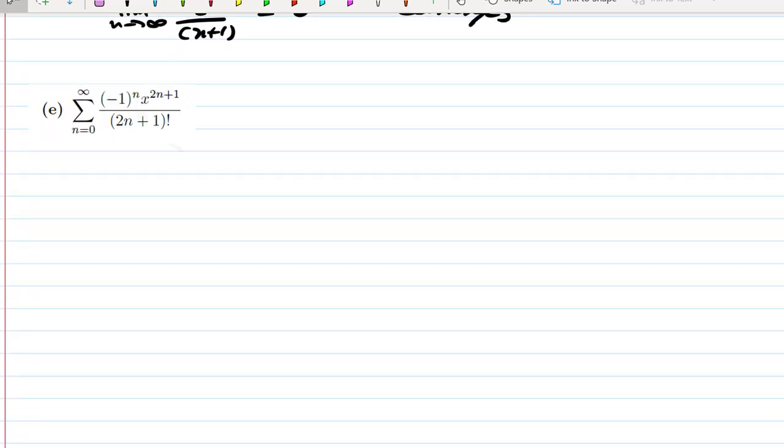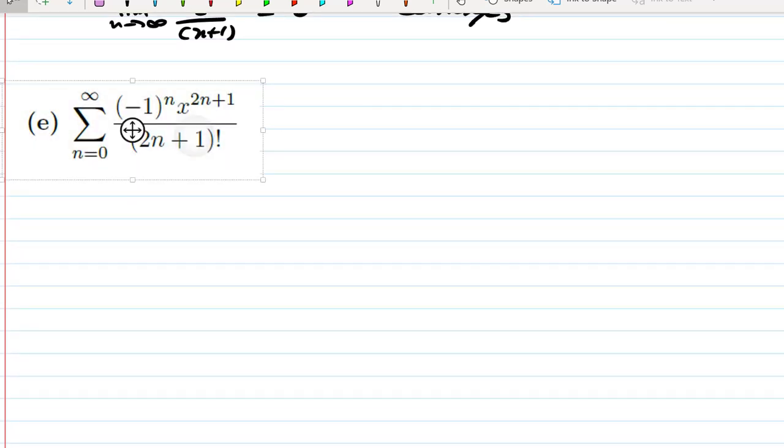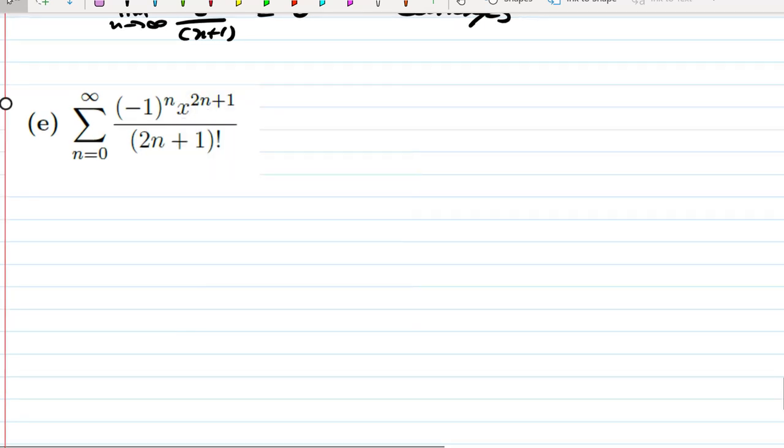For our last example, we want to use the ratio test on this as well. But before we get started, we'll notice that this is a little bit different. Besides having n's, this also has a variable x.